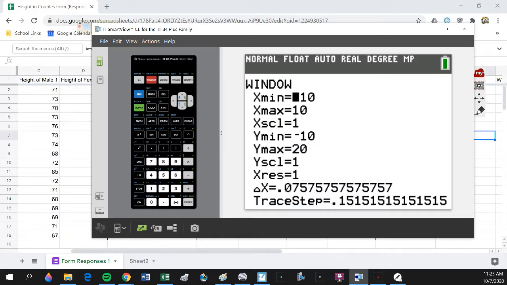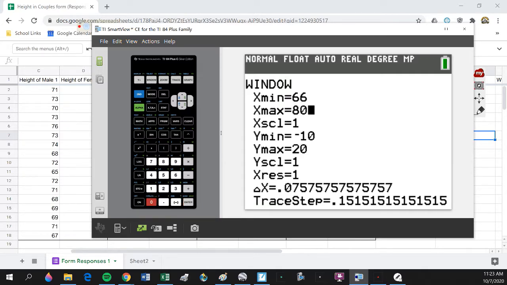How big should we make our X's? What was the shortest male? 60 something. So let's do 60. What was our tallest male? 78. So let's do 80.